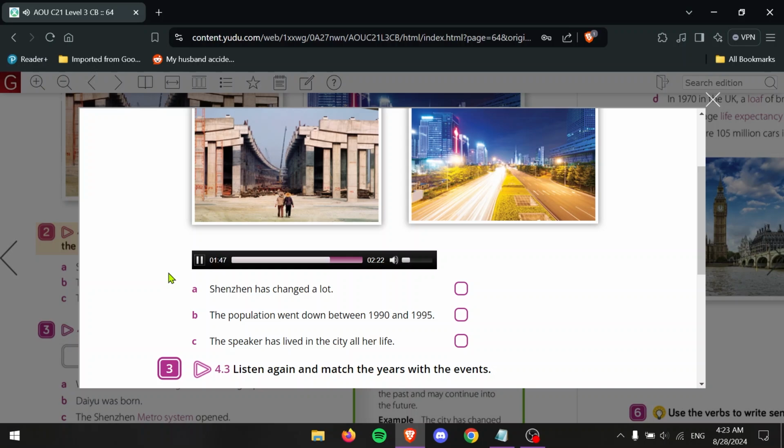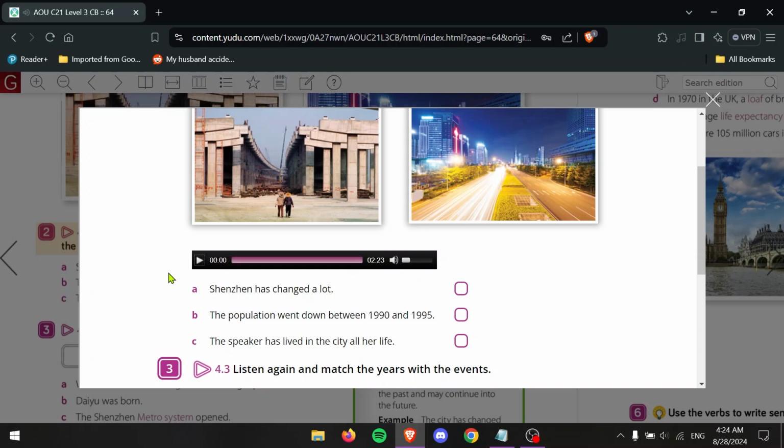It's difficult to say if all these changes have been positive or negative. A lot of things have improved, of course. We have better roads and an international airport, and we even have a metro system. It opened in 2004, and all the development has created a lot of jobs. But not everything has been good. Pollution has got worse, and, of course, the city is more crowded now.